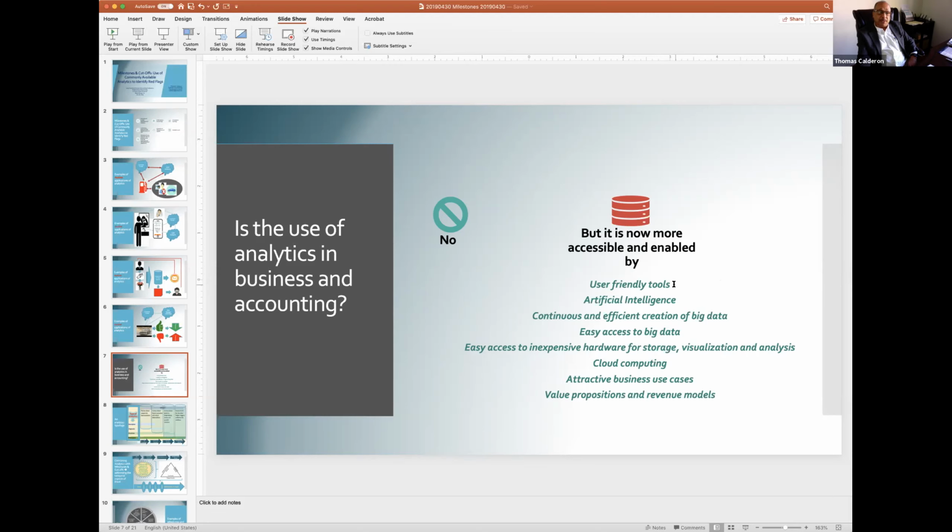So for example, let's take a tool like Microsoft Excel. That tool is very user-friendly. Practically everyone who has a college degree, in accounting in particular, has exposure to Microsoft Excel. They can use Excel. They could do some very, very fancy things with Excel.